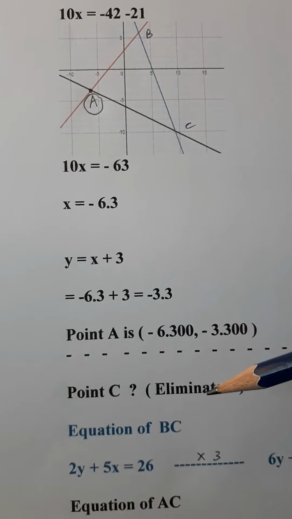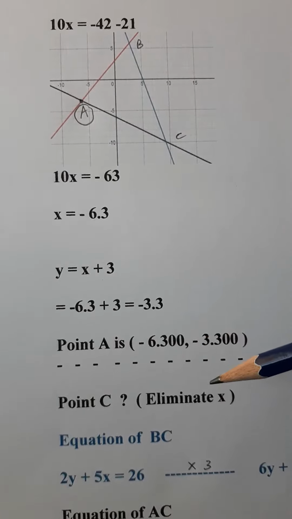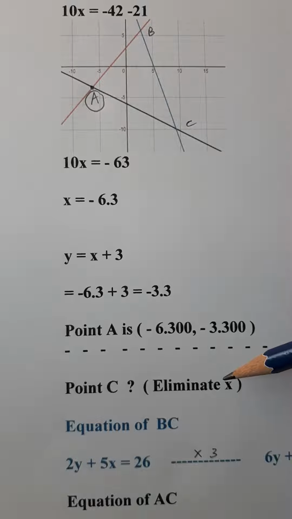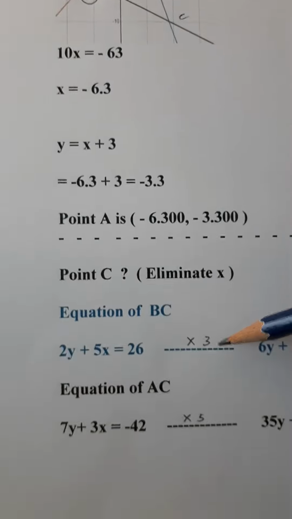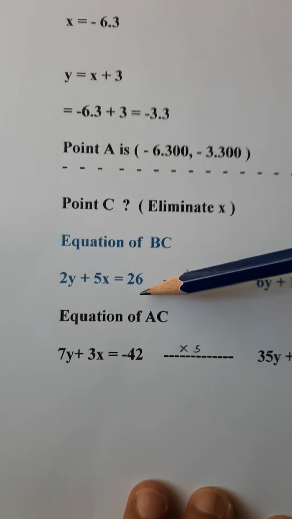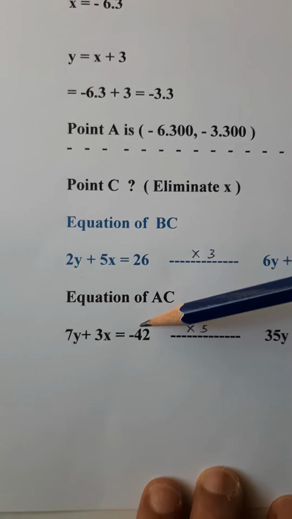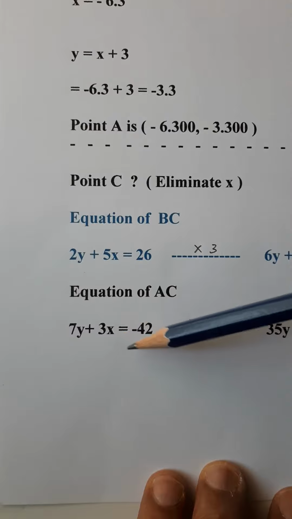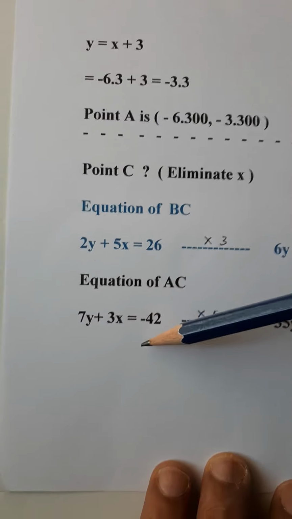Finally, point C. To get the point C, we have to solve two equations. Our equation of BC in blue and equation of AC in black. Now we are using our modified equation with no numbers in the denominators.